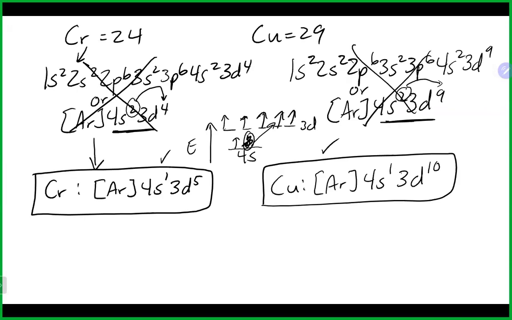Now, since we've talked about ions before, let's talk about what happens when something gains a charge and how the electron configuration is affected by that. Let's say, for example, we had aluminum. Aluminum will typically have 13 electrons.